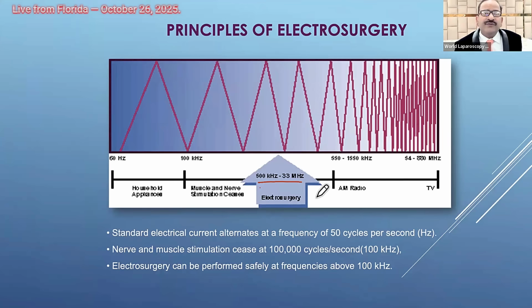If you use a frequency less than 100 kilohertz, then muscle and nerve stimulation occurs. The patient will have a twitch of the muscles, and also an electric shock, because our household appliances work with less than 100 kilohertz frequency. In laparoscopy, any electrosurgical generator which you buy should have 500 kilohertz to 3.3 megahertz frequency. This is the frequency which is better for performing laparoscopy.